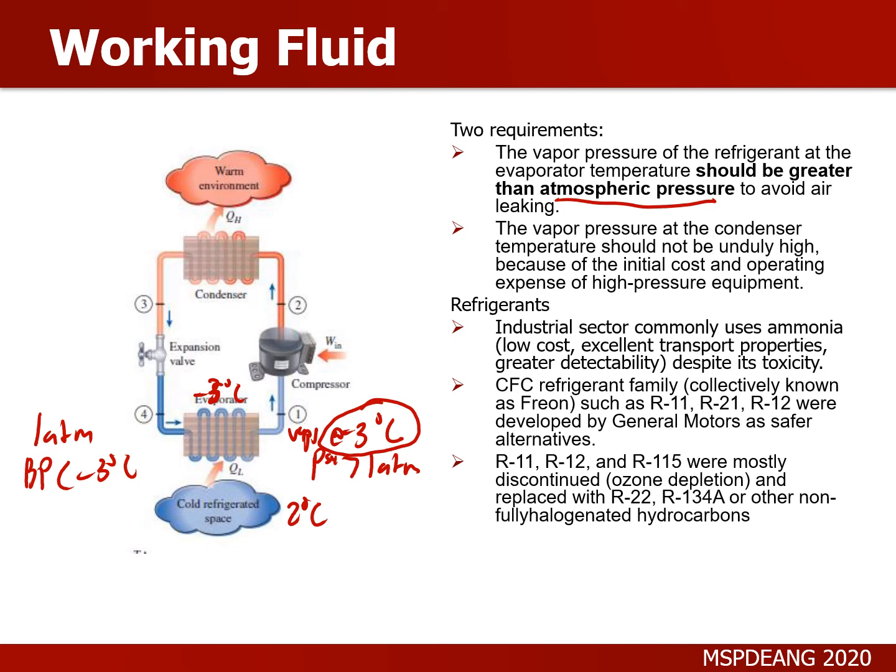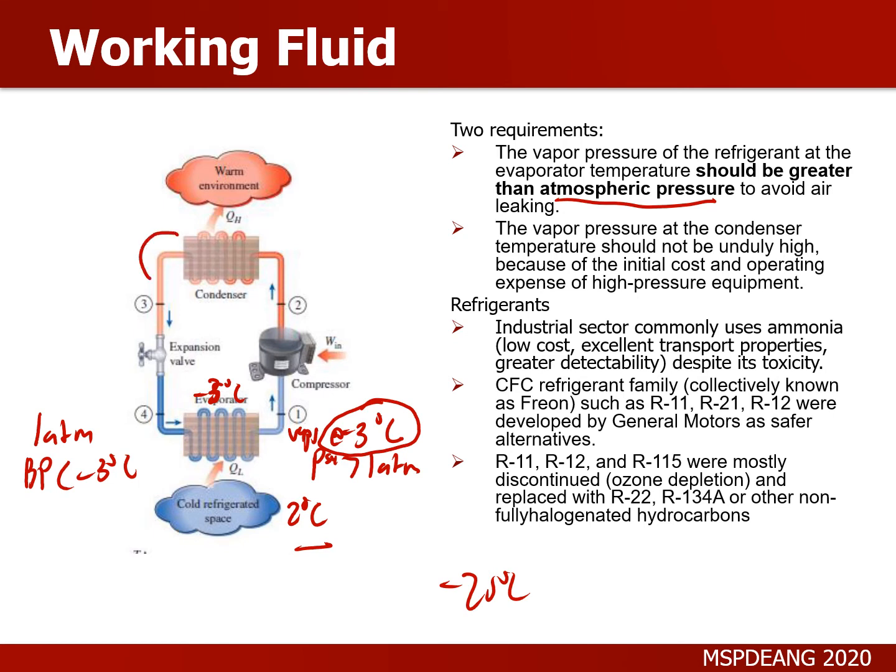So kunwari, meron tayong cold space at 2 degrees Celsius, possible na iba yung refrigerant na kailangan mo if you want to maintain a cold space at negative 20 degrees Celsius. Kasi different fluids will have different properties, which should meet this particular condition: na vapor pressure at the evaporator temperature should at least be equal to 1 atm. Okay? And another thing, di ba, ko-compress natin siya dito sa condenser.